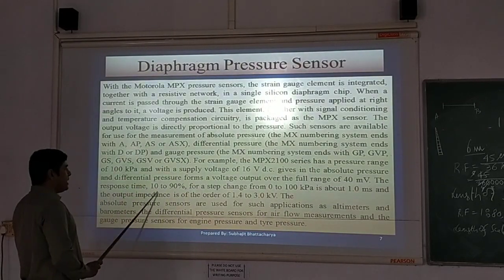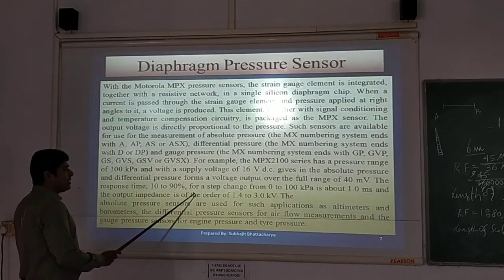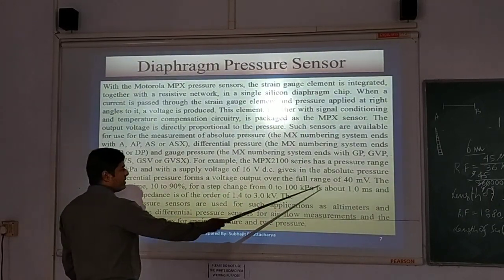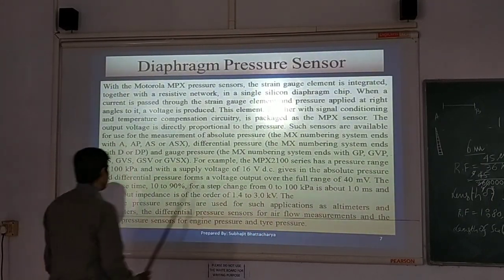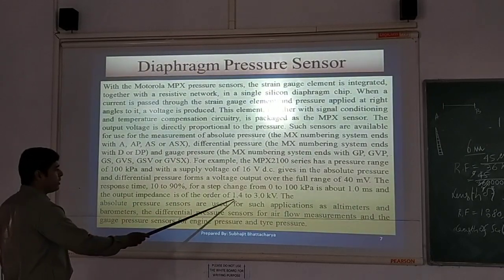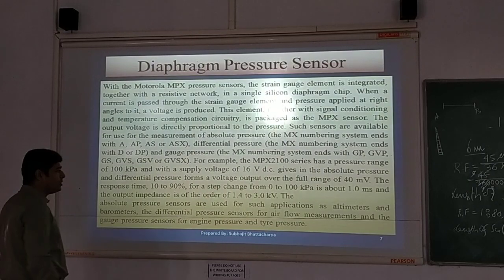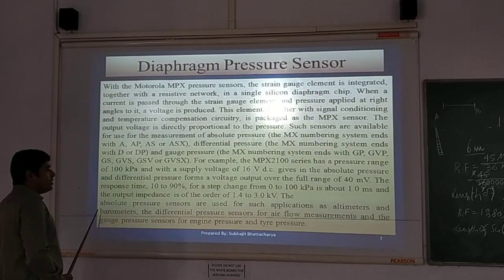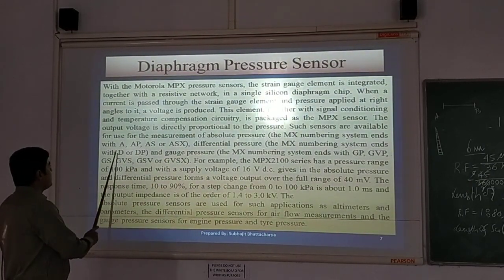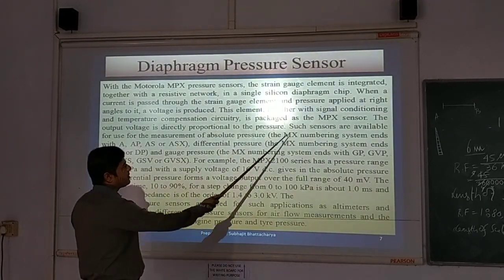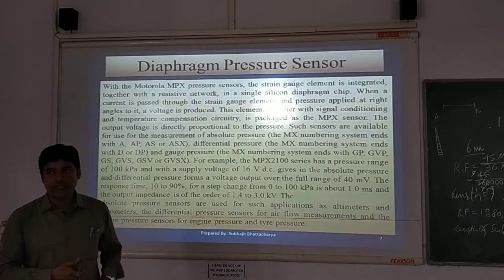The response time, 10 to 90% for a step change from 0 to 100 kilopascal, is about 1.0 millisecond, and the output impedance is of the order of 1.4 to 3.0 kilo-ohm. So these are some pressure sensors, the MPX sensors.